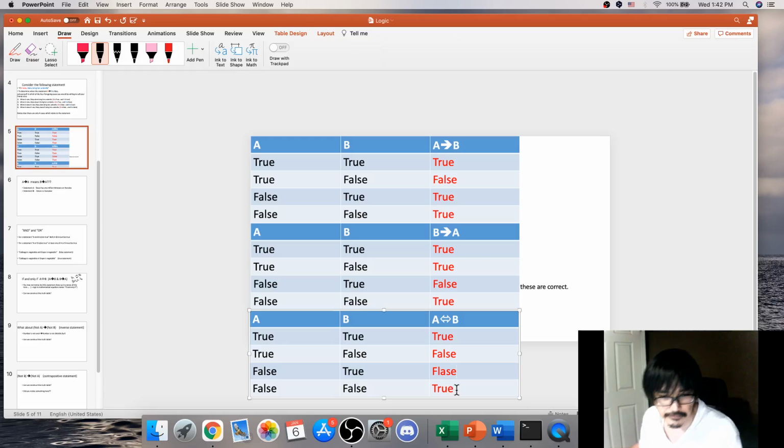So A implies B and B implies A, so A if and only if B. In this particular case, if A is true, B is true, or if A is false, B is false. These two cases are true statements.